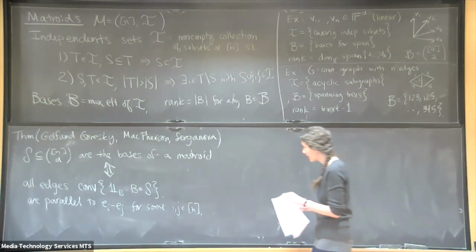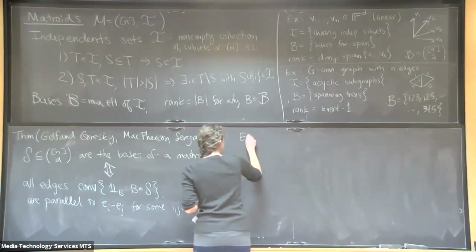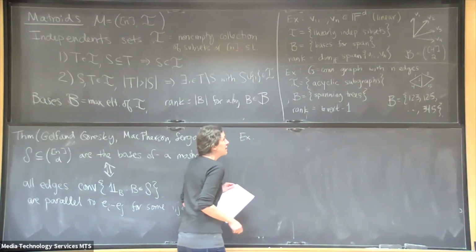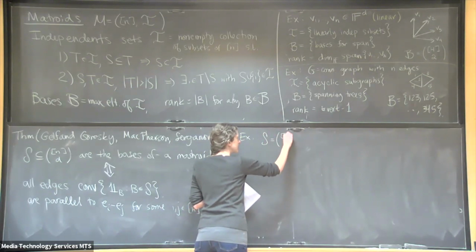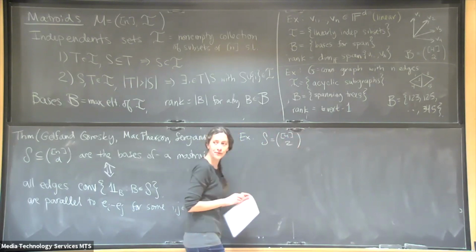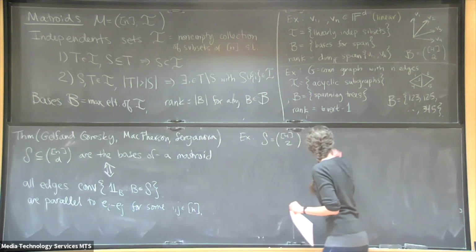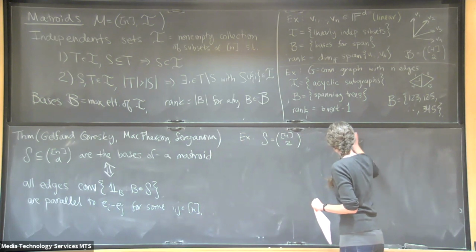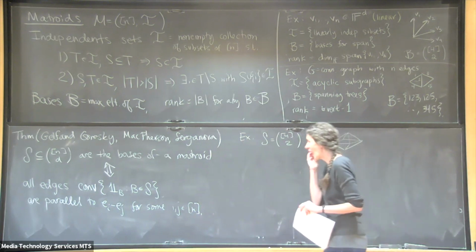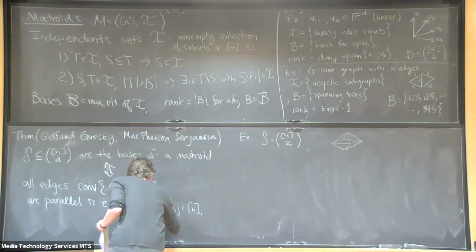So for example, all subsets of 1 through 4 of size 2 is the octahedron in R4. We must fix the quantifiers there. All edges. Sorry, for all.